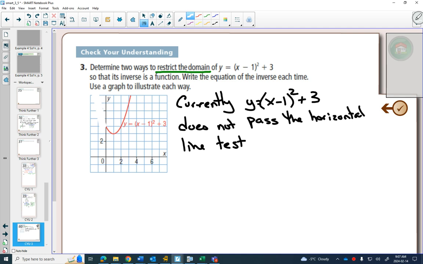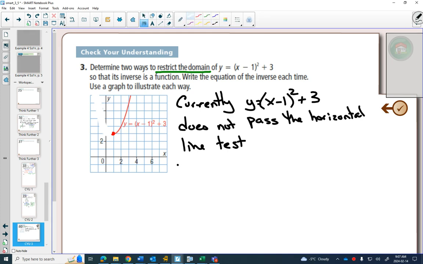Unfortunately, just erasing that part of the graph, does it pass the horizontal line test? No. With a parabola, does it make sense that if you find the vertex, this point right there, and erase half of the parabola from the vertex, I went all the way up to there, now it passes the horizontal line test.